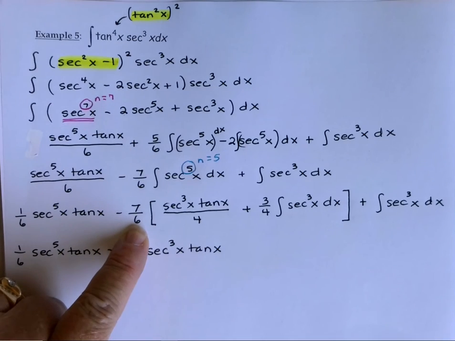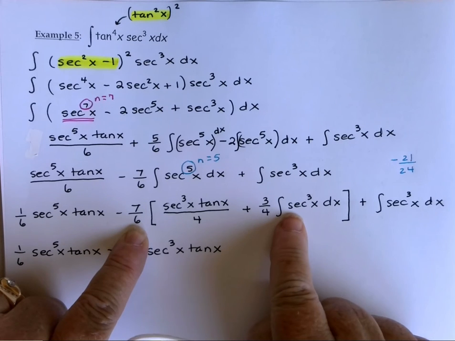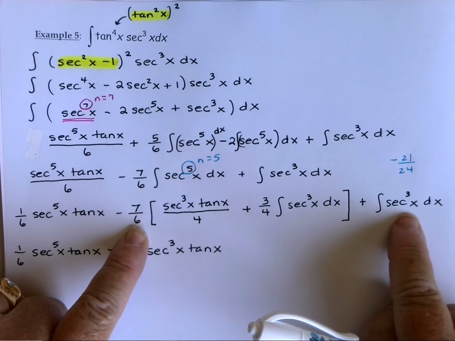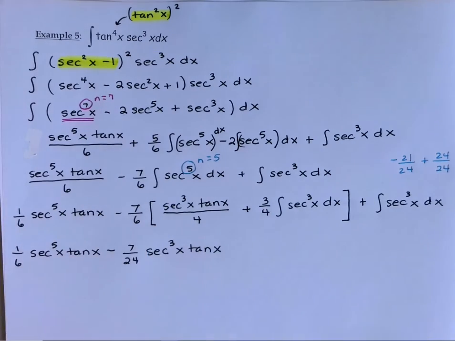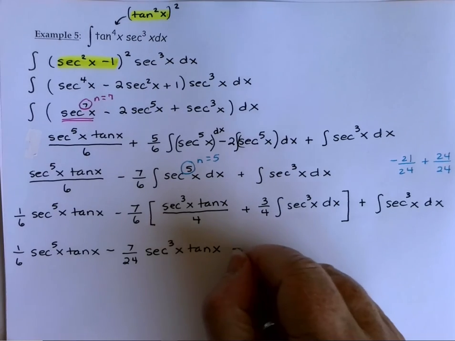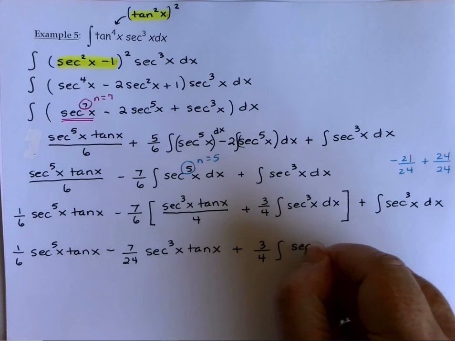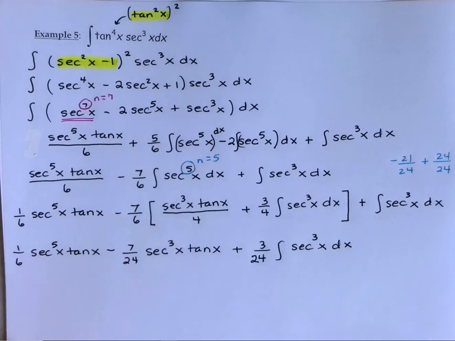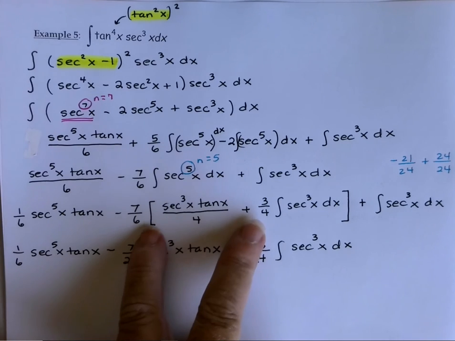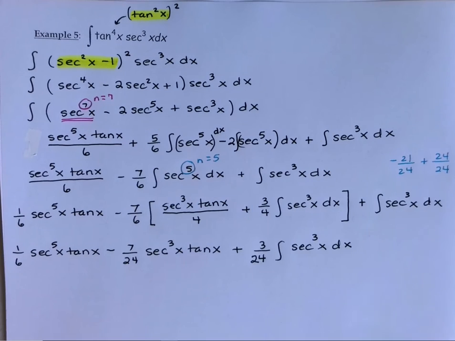Put this off to the side, in front of the secant cubed integral. And then I've got a plus 1, which could be 24/24. So it looks like I have 3/24 times that secant cubed integral. Just 3/24, sorry about that. Double checking here, negative 21 over 24 looks good, plus the 1.